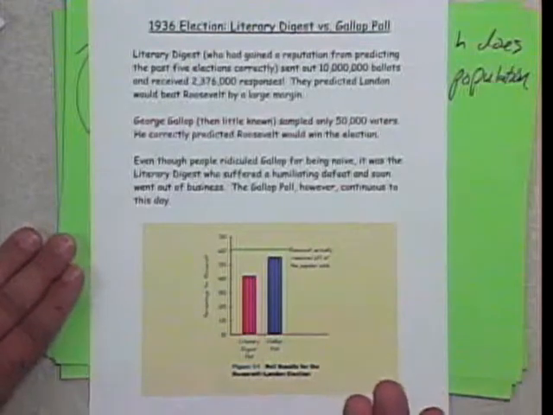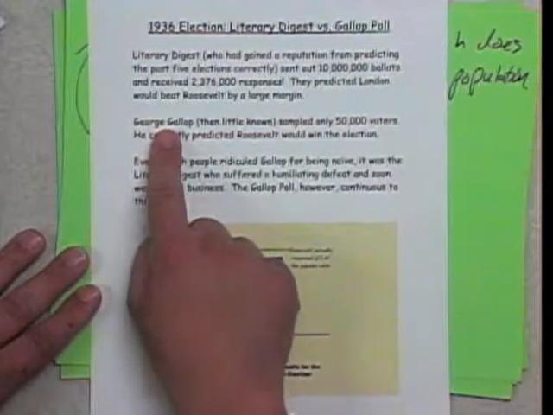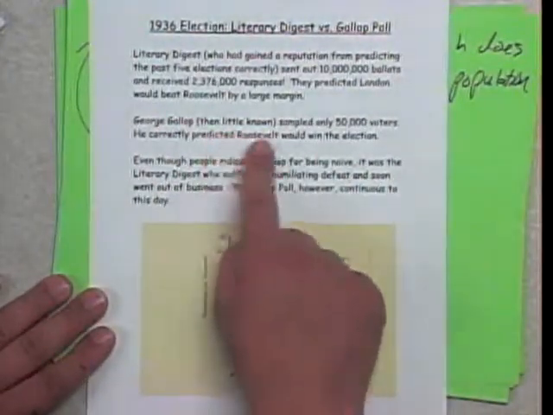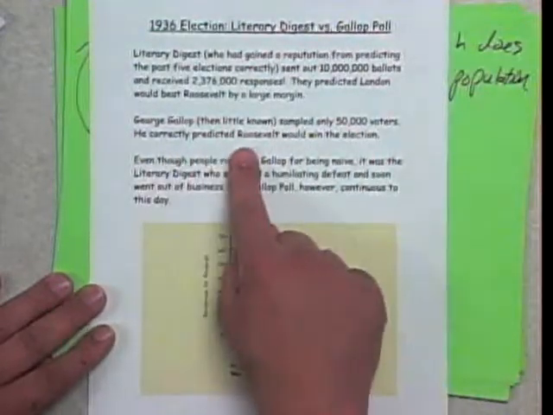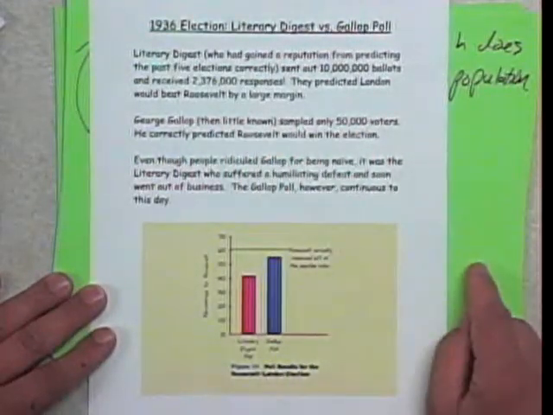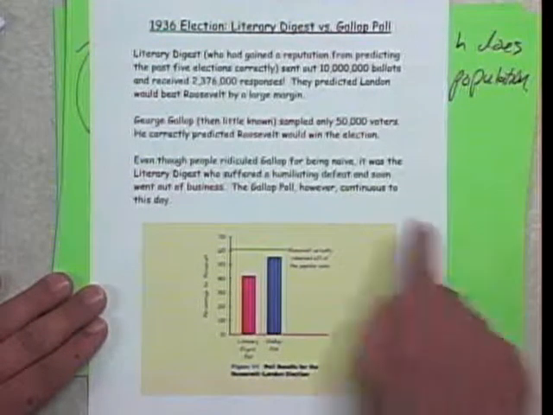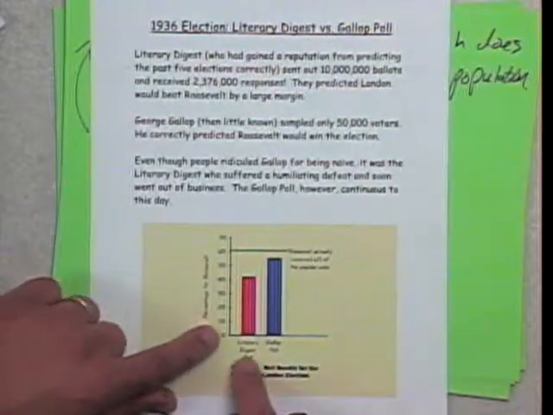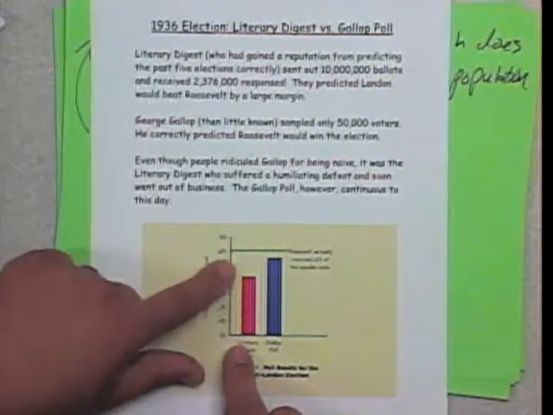Well, if you've heard of the Gallup poll, this is where the Gallup poll comes from. George Gallup, who is an actual individual and was not very well known at that point, sampled only 50,000 voters, and he correctly predicted that Roosevelt would win the election. And he did it with only 50,000 voters. And in fact, this here is the percentage of votes that went to Roosevelt.